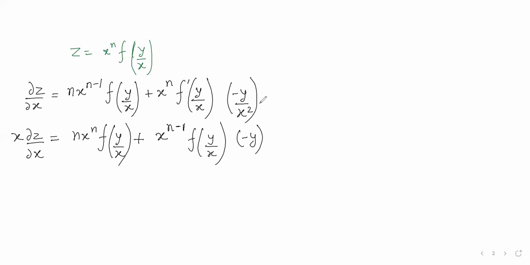We multiplied with x, so only one factor of x remains, and we have written it as x to the power n minus 1. So we can write it as n x to the power n f of y by x minus y x to the power n minus 1 f dash of y by x. This is equation 2.